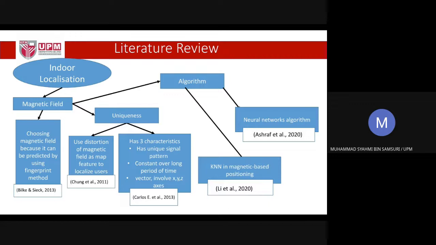There is a uniqueness of the magnetic field, which uses the distortion of the magnetic field as a map picture to localize the user. Its characteristics are a unique signal pattern, constant over a long period of time, and it is a vector, so it involves the x, y, and z axes. Some of the earlier research used KNN in magnetic-based positioning and also neural network algorithms.